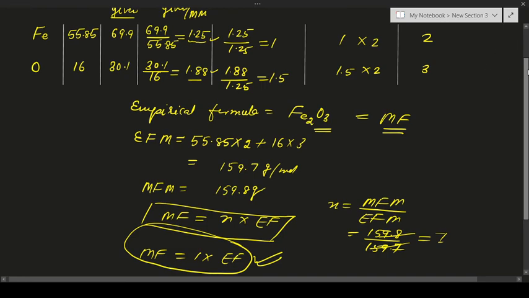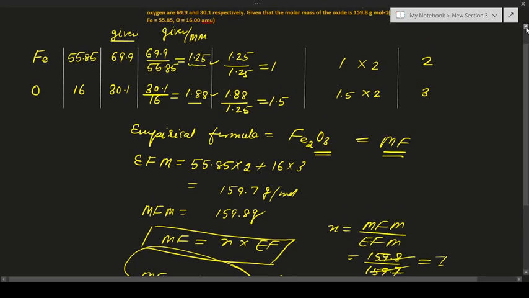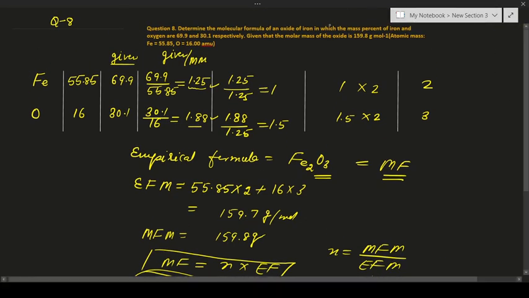So how have we done it? Let's revise. Basically, we have to calculate the molecular formula. For the molecular formula we should first calculate the empirical formula, which we calculated here, and after that we have been given the molecular mass of the molecular formula.